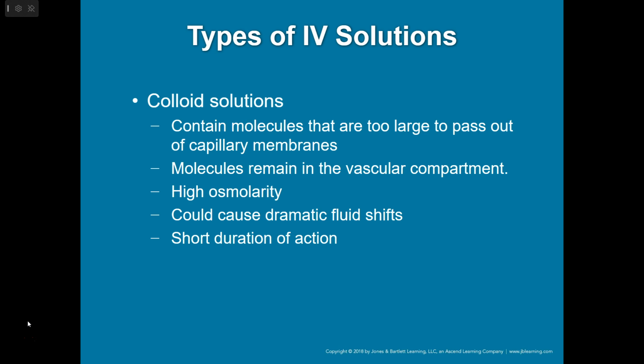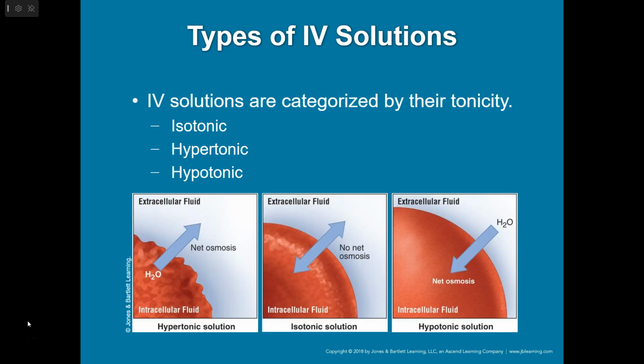They have a high osmolarity, and it can actually draw other fluid and stuff into that intravascular space to help balance out the osmosis there. IV solutions are categorized by their tonicity: isotonic, hypertonic, or hypotonic. And that's really talking about the sodium content there.